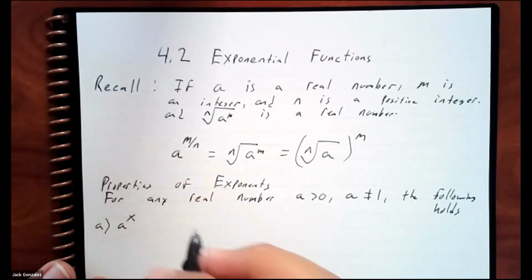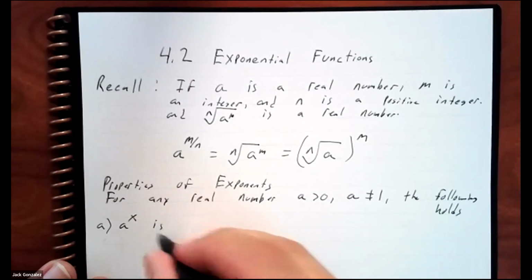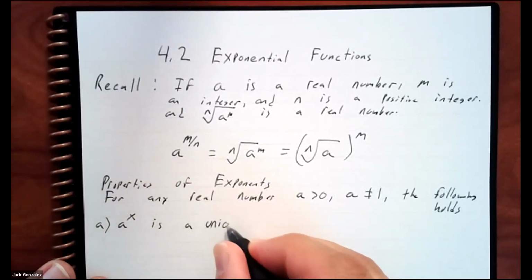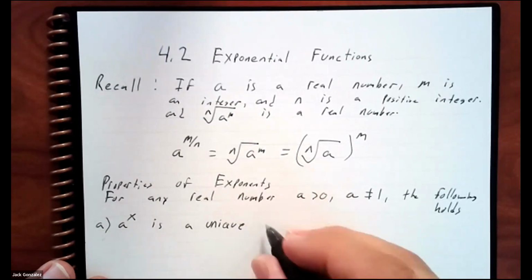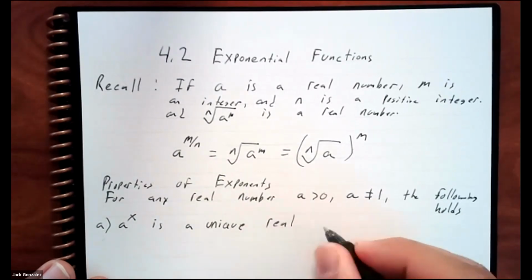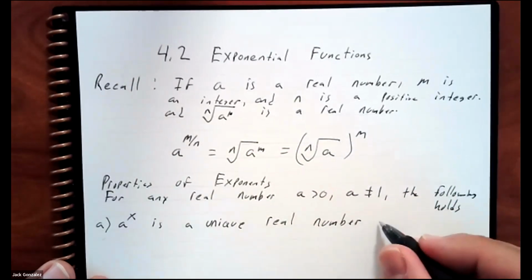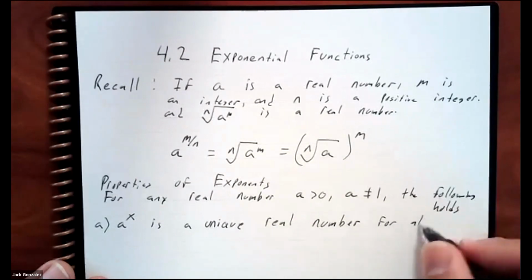A to the x is a unique real number for all x.